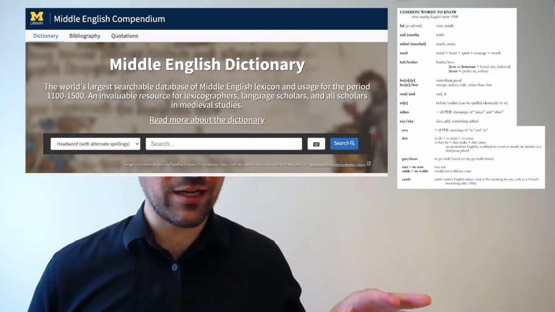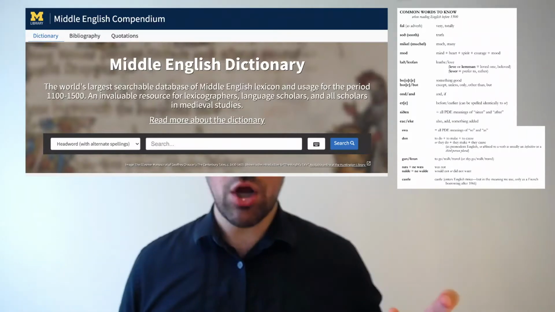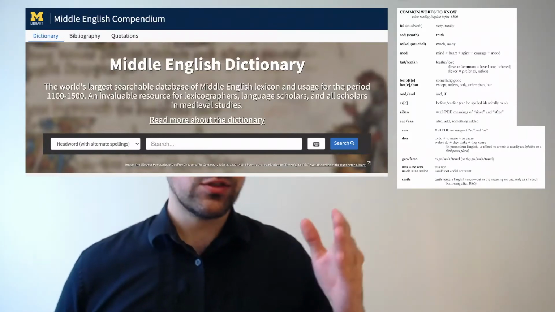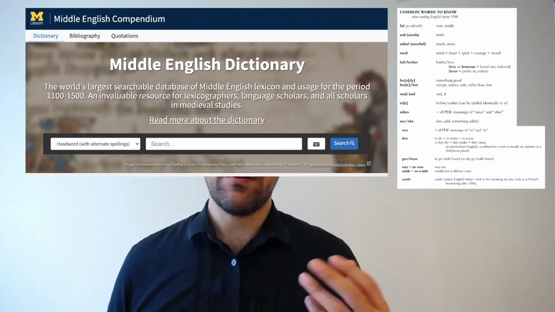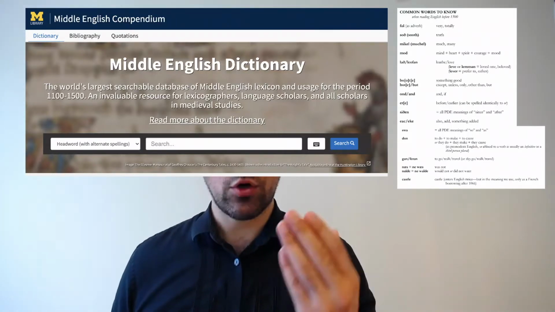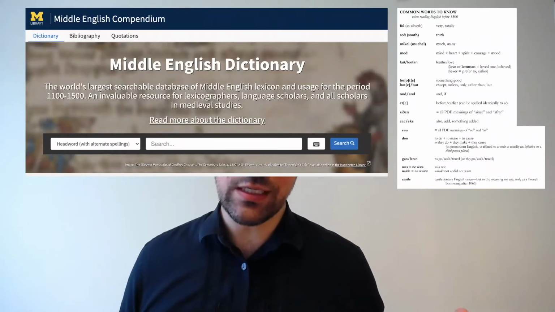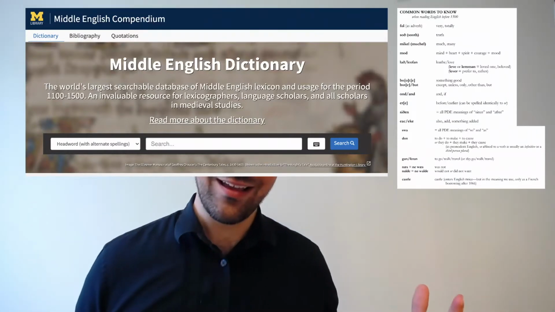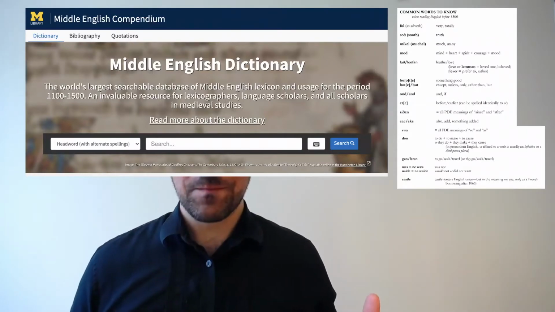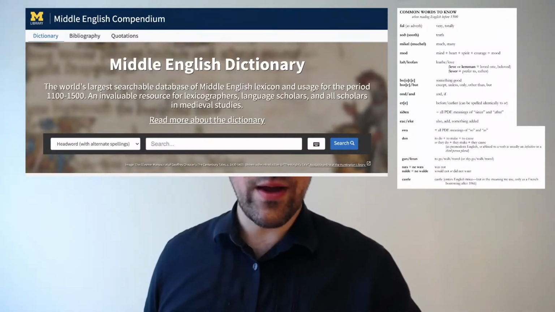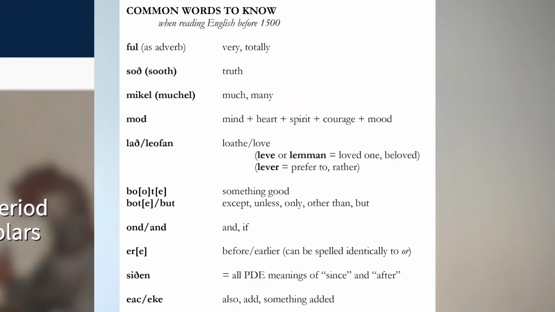Perceived as completely correct, even if you have an author like Chaucer spelling a word differently two times within the same sentence. This is completely acceptable in Middle English, right? Because the correct spelling is what that individual speaker sees as an adequate representation of what that speaker hears and says.